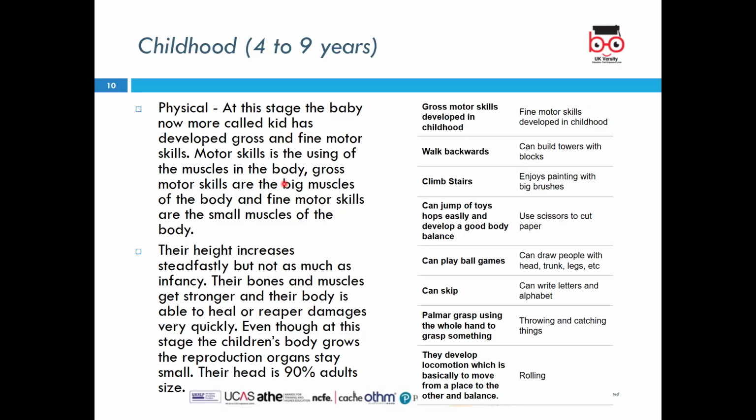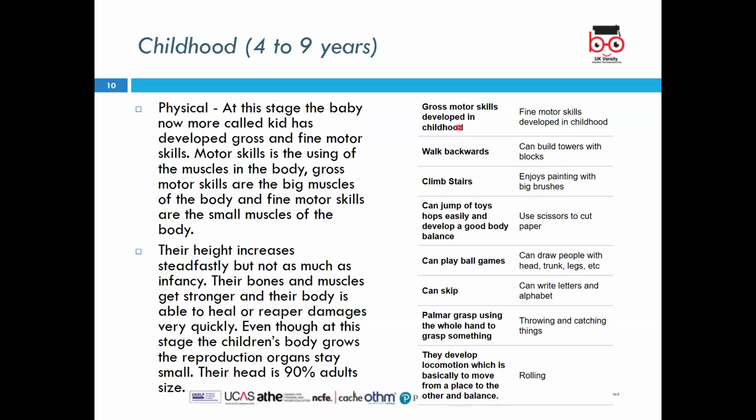Motor skills involve the use of muscles of the body. Gross motor skills are the big muscles of the body, and fine motor skills are the small, as I mentioned earlier. Their height increases exponentially, but not as much as in infancy. The bones and the muscles get stronger. Their body is able to heal very quickly, and their head is 90% of the adult size.